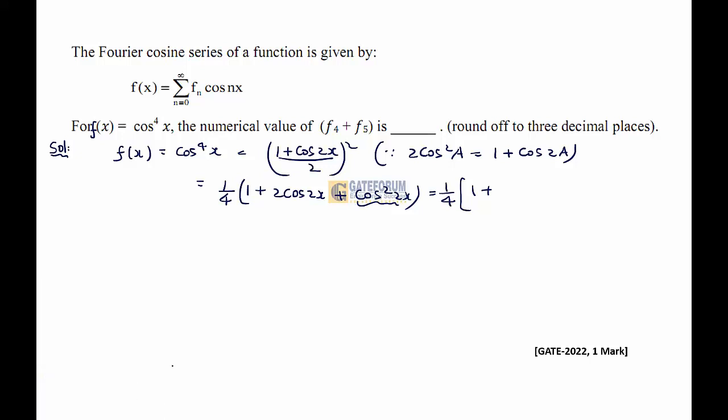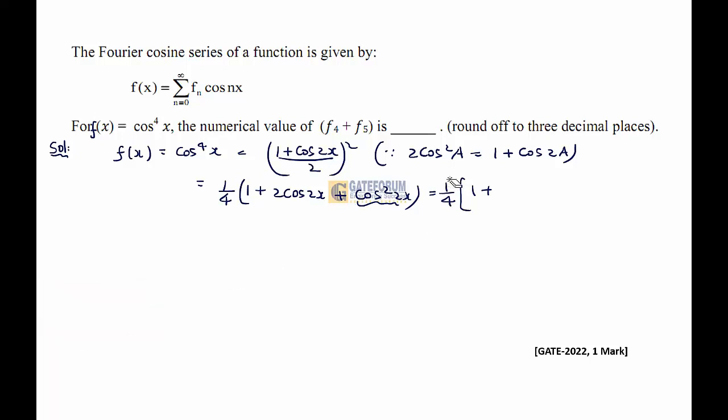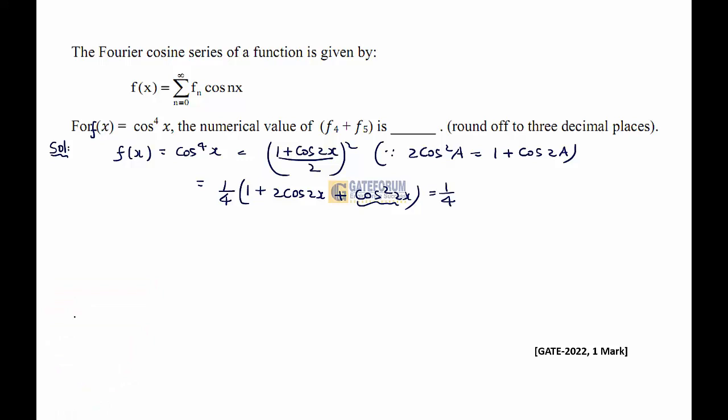Then again use the 2 cos square a formula. 1 by 4 into 1 by 4 plus 2 by 4 means 1 by 2 into cos 2x, plus 1 by 4 into cos square 2x.